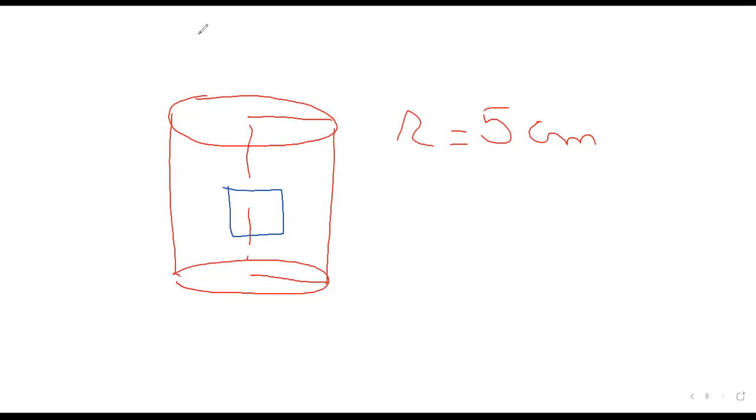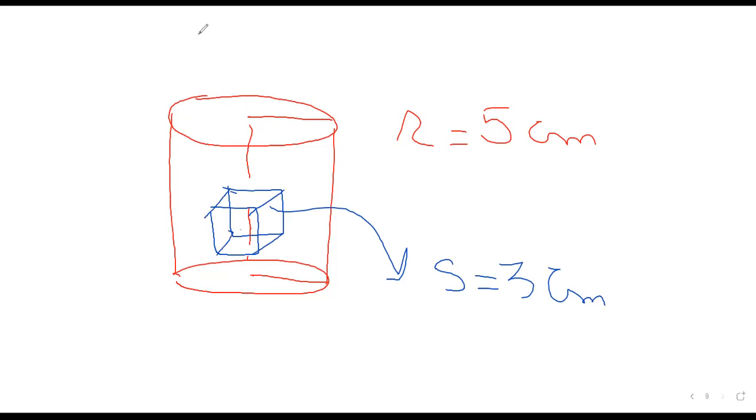Its length is 3, all the sides have 3 centimeters. And you know what a cube is. Can you visualize this? This is the cubic ice piece, the cube of ice. All the sides are equal, 3 centimeters.